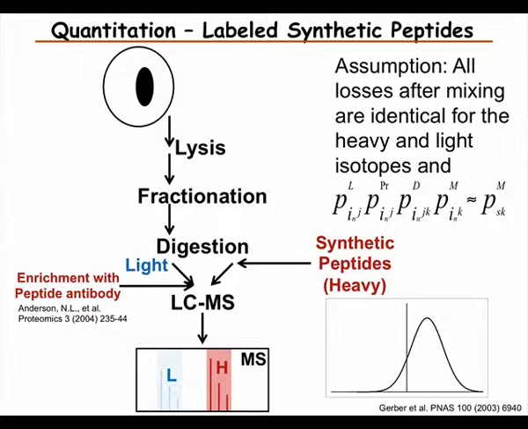People used to refer to this as absolute quantitation, because you can measure how much synthetic peptide you made quite accurately. But the problem is that the mixing and the digestion really don't work very well for absolute quantitation. But it works pretty well as an internal standard.